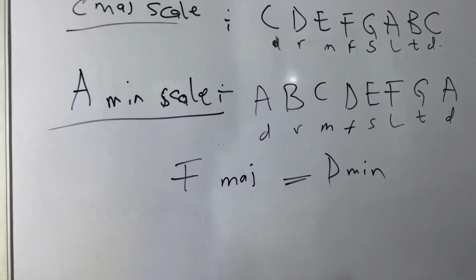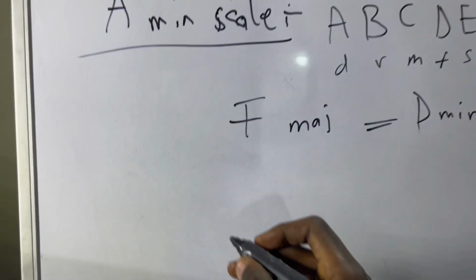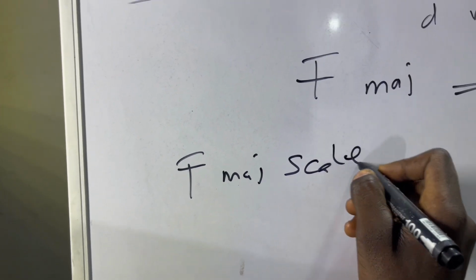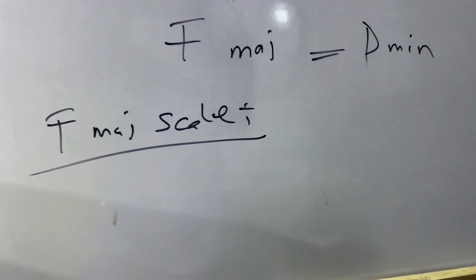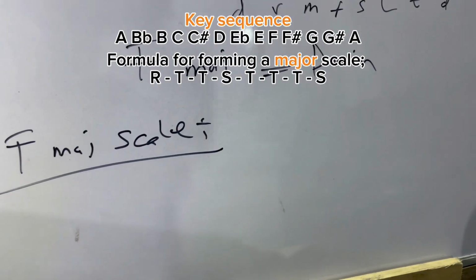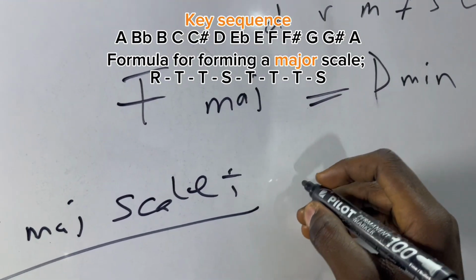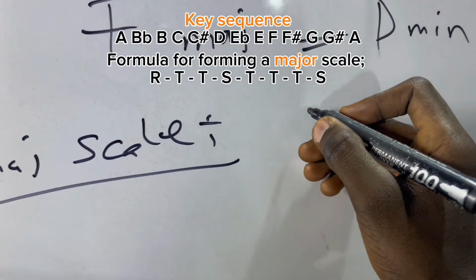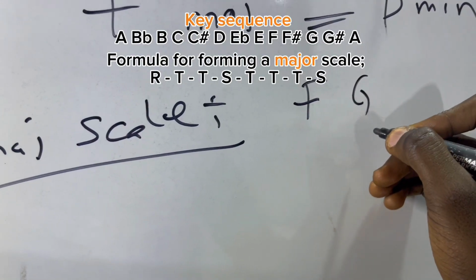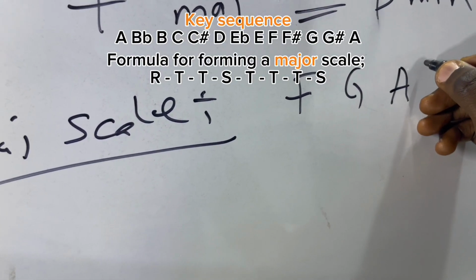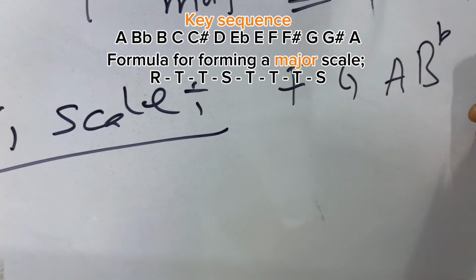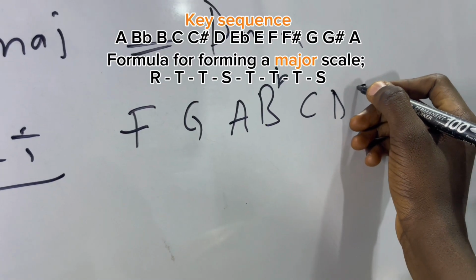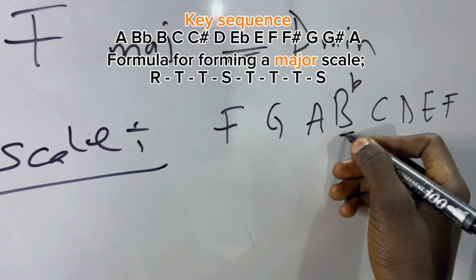When you use the key sequence and the formula for finding the F major scale, these are the notes in F major: F, G, A, B flat, C, D, E, and back to F. So it has one accidental.